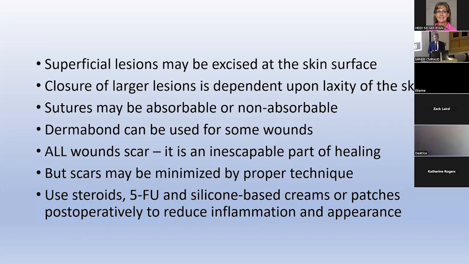For scars that are away from the lid margin, there are silicone-based creams that can be applied twice a day, but it's got to be for several months, but it makes a big difference. If they're on the cheek, and I know plastic surgeons would do it elsewhere in the body, there are silicone patches that are put on. It's just not easy to use it around the eyelid, but there's a lot of things you can do, but good technique goes a long way.